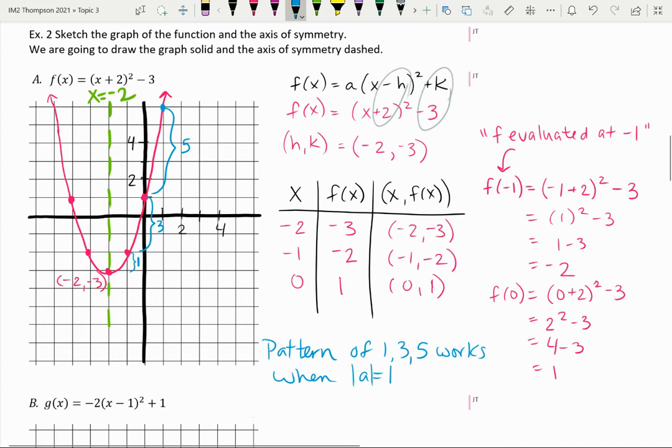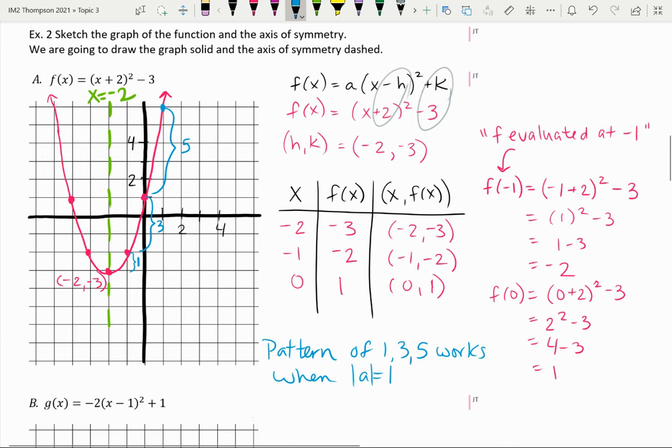And that's going to be a pattern that I can follow anytime A is 1 or negative 1. So I have this pattern.